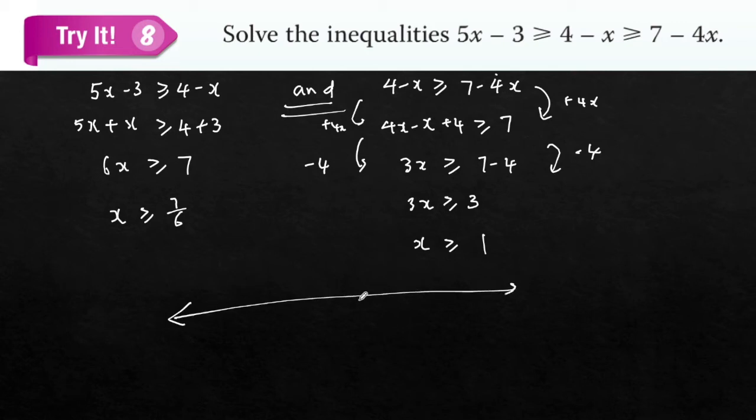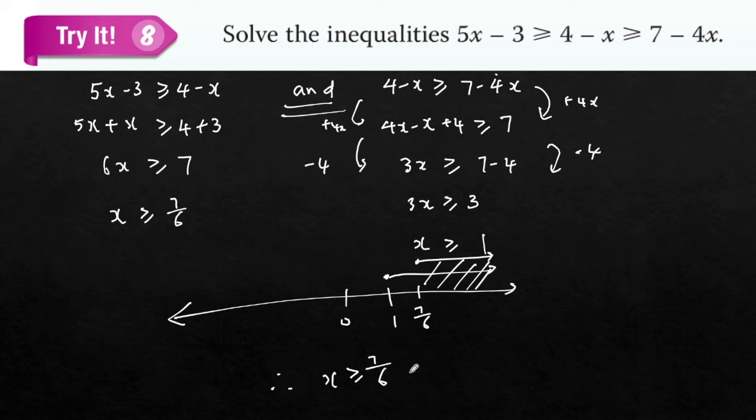So on the number line with reference point 0, I have 1, I have 7 over 6. Now x is more than or equals to 1, and x is more than or equals to 7 over 6. So where they overlap is this portion here. Therefore, x can only be more than or equals to 7 over 6.